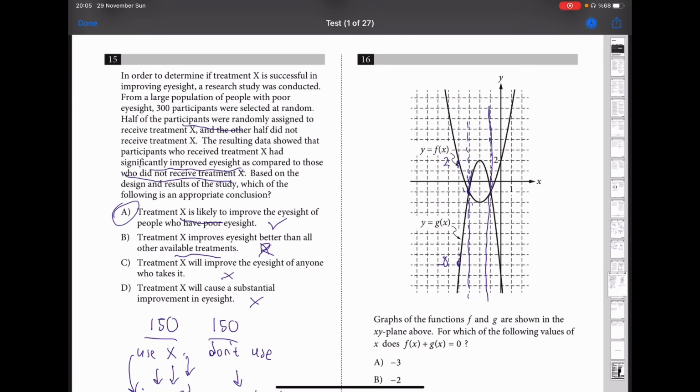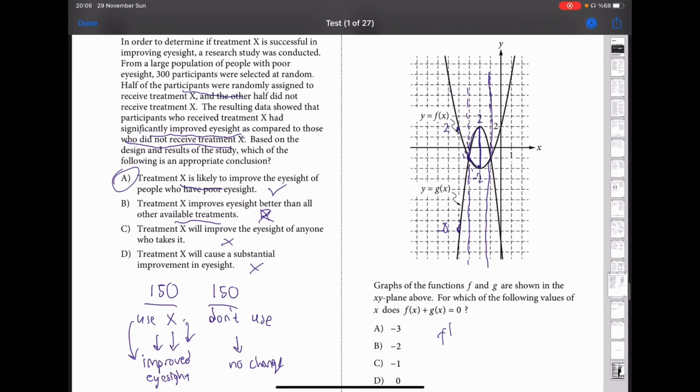Our function is increasing. The vertex of g is at 2, and the vertex of f is at minus 2. So if we add them up, we will have a 0. Let's find the x value in here.